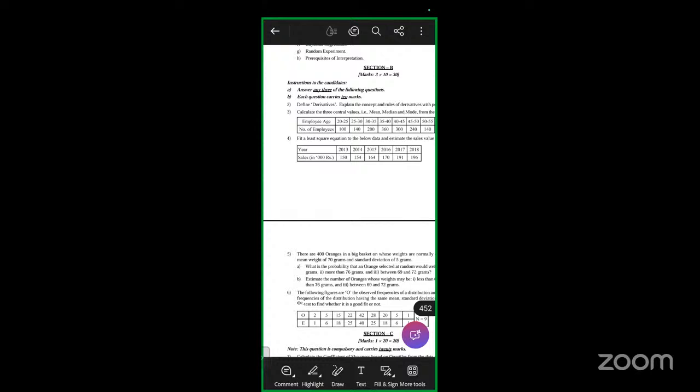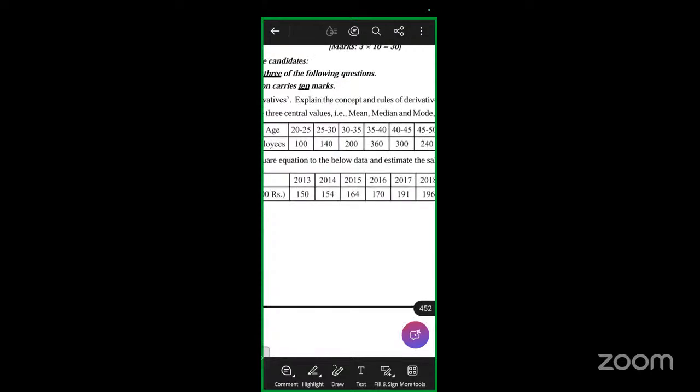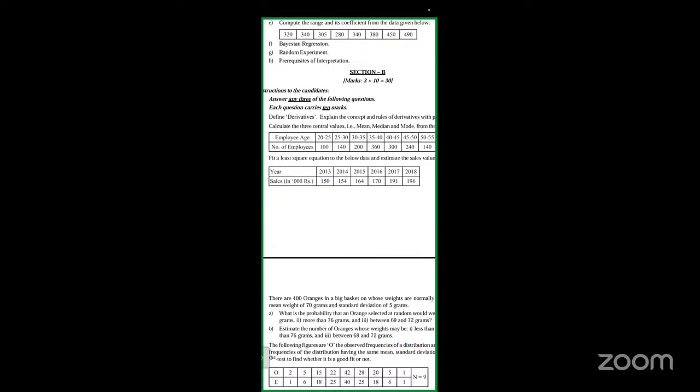There are 5 blocks, so 5 questions, and out of 5 you have to write 3. The first unit is theory, and the second, third, fourth, fifth and last units are problems.